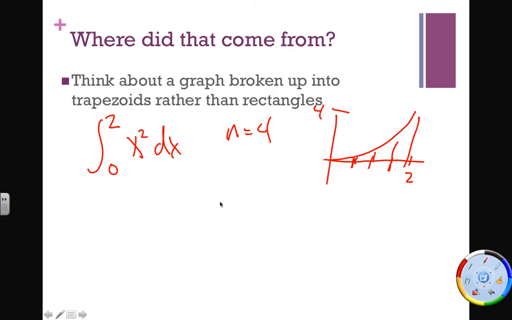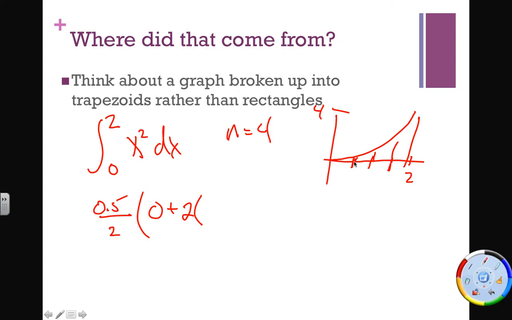All right, so I can think about using the trapezoidal rule here. h is basically the length of these intervals, so the length is a half, over 2, because that's my formula, times y sub 0, which is going to be 0, plus 2 times the height of the second one.